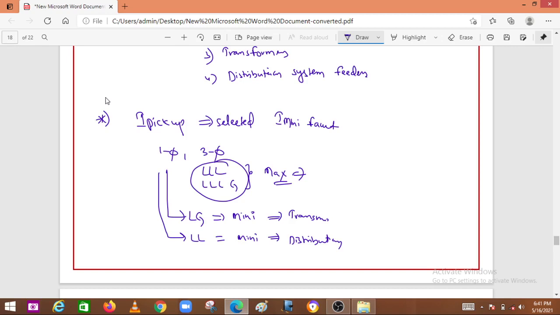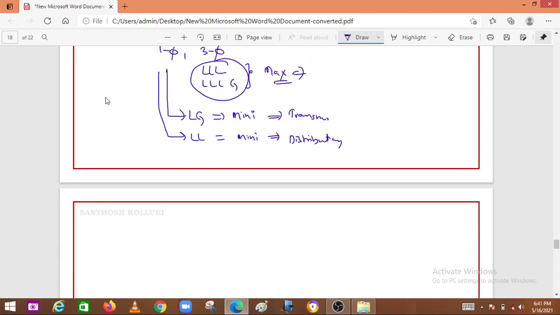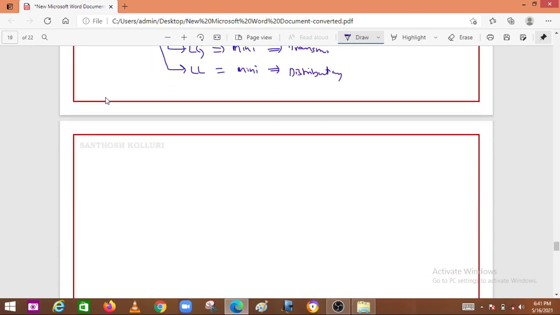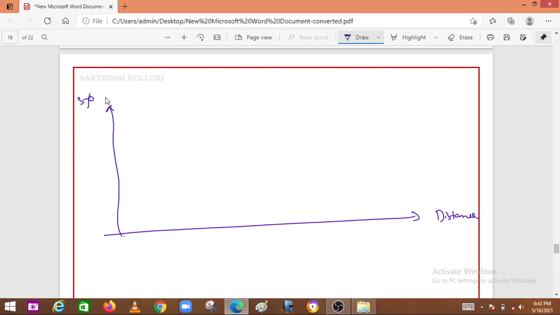If the relay is operating for a fault which is outside of the zone of its protection, that is called the reach problem, the overreach problem, right? Let me write a diagram here. For example, with respect to this distance, this is the three phase fault and this is some fault.